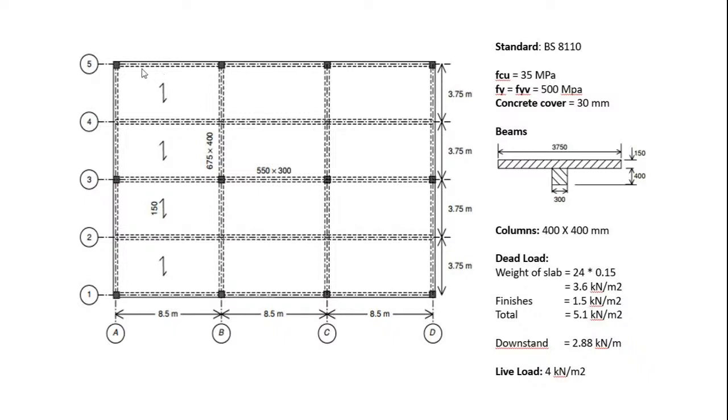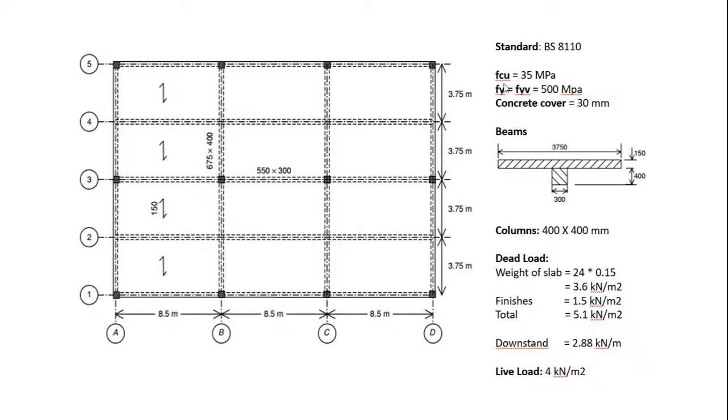So these slabs here are supported by these beams and these beams. This other slab here is supported by these beams and these beams, and so on. So those are the beams that will be loaded. Obviously, the most loaded beams will be the ones in the middle here. So we shall just use this beam here, 3AD, and this will be our beam of reference for this particular session.